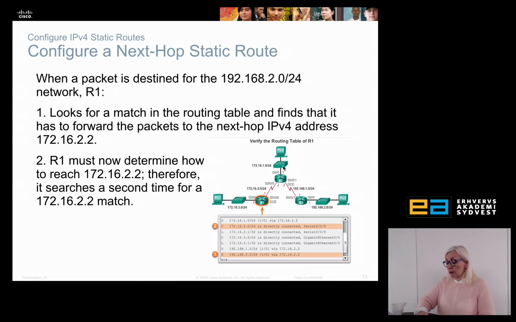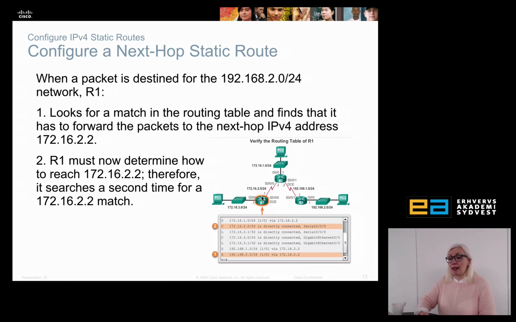If I want to go to the network which is called 192.168.2.0/24, which is this network over here, well then I'll go to this IP address on my directly connected network, and the next hop is always the neighbor's IP address. So in this case it's 172.16.2.2, which is the IP address of router 2's router interface.